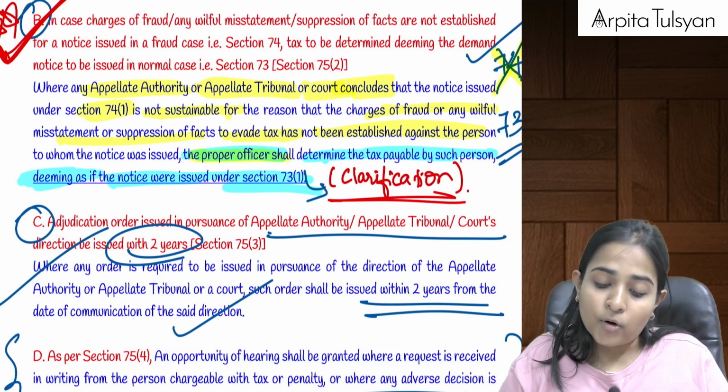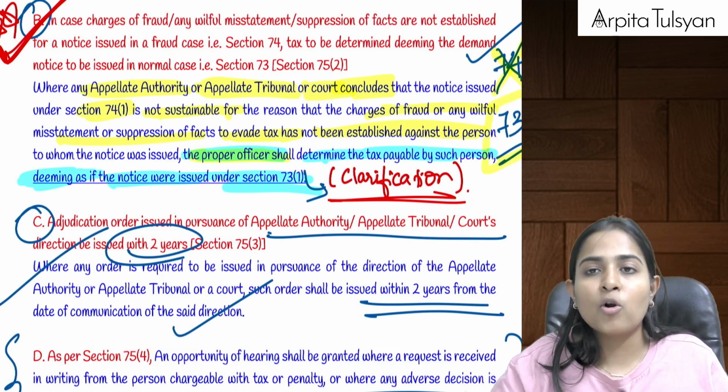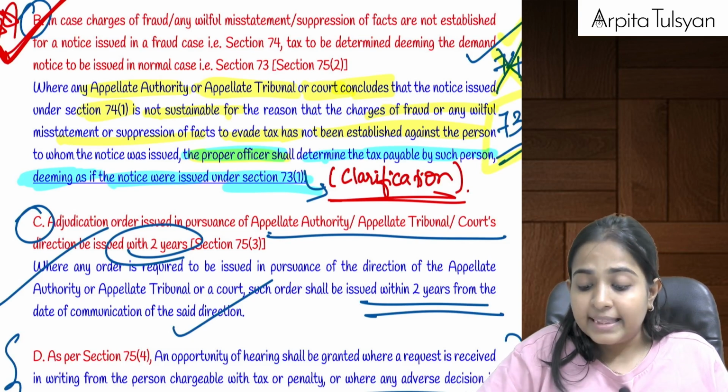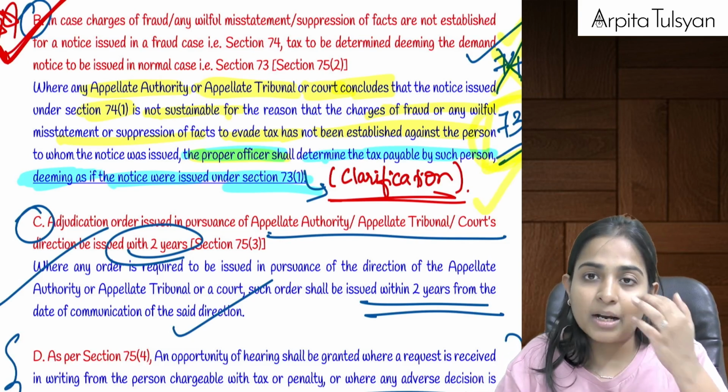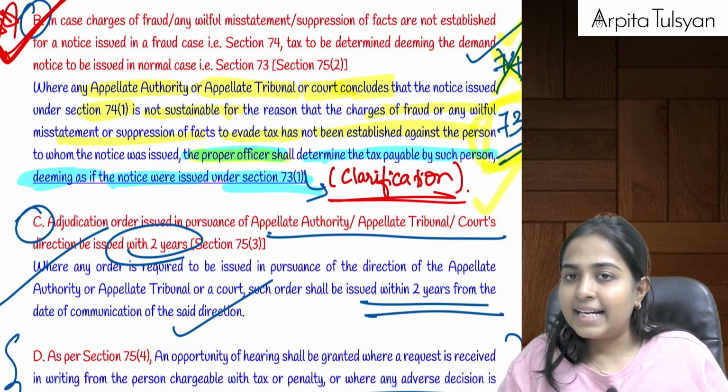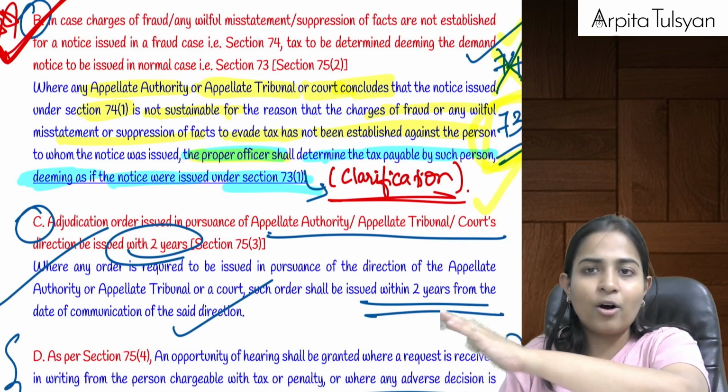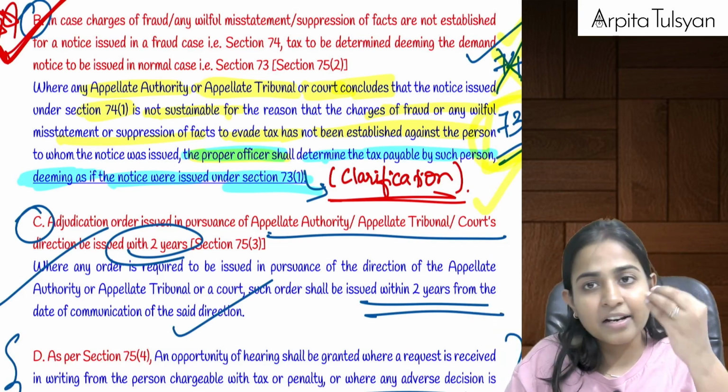Then too the proper officer will say that, okay, if you are not assessable under section 74, then too we will assess you under section number 73. That is that 0% penalty, or 10% or 10,000, whichever, that will still be applicable on you.